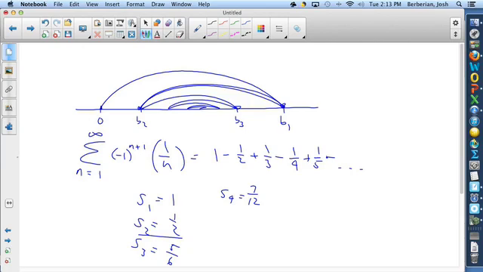If I land here at a half, I know that the real answer lies somewhere between a half and a half plus a third. So you could be off by a third. Yeah, the most you could be off by is a third, or you could be off by less than a third. But you couldn't be off by a half. Right. And if I used the next, the most I could be off by is a fourth.